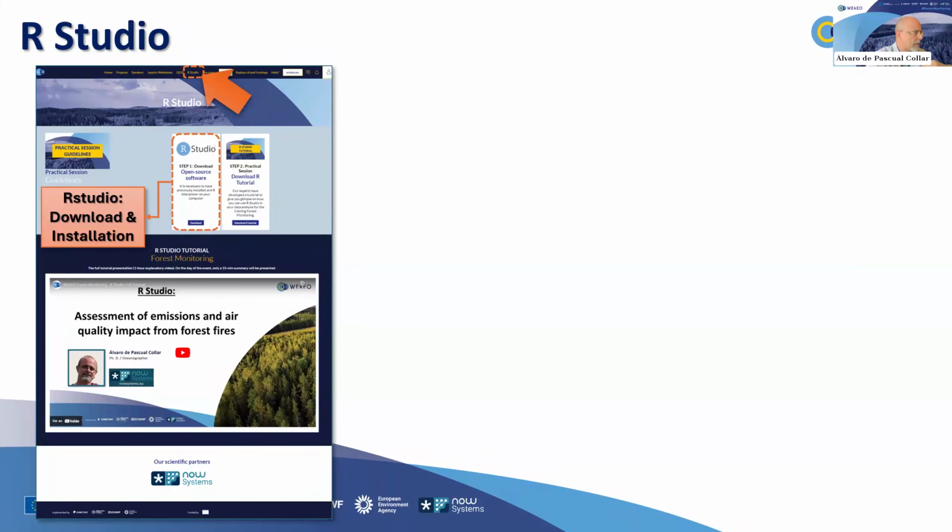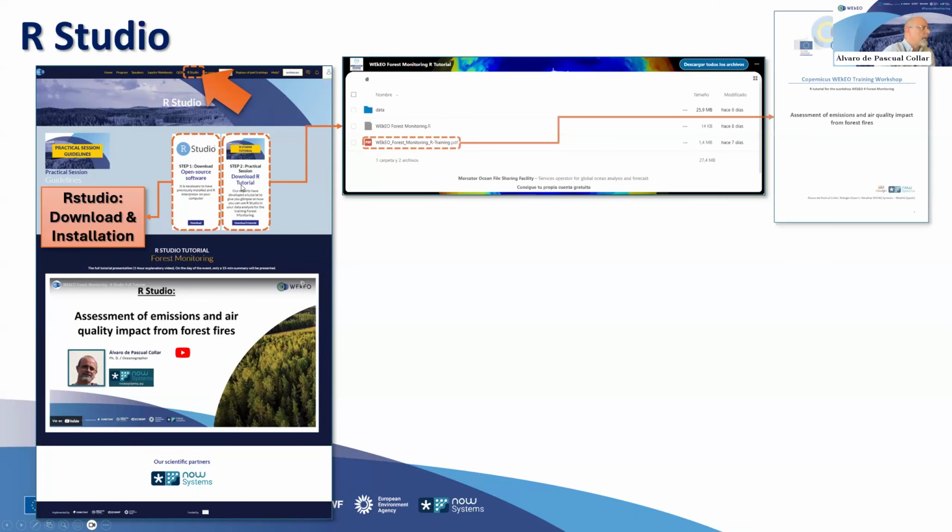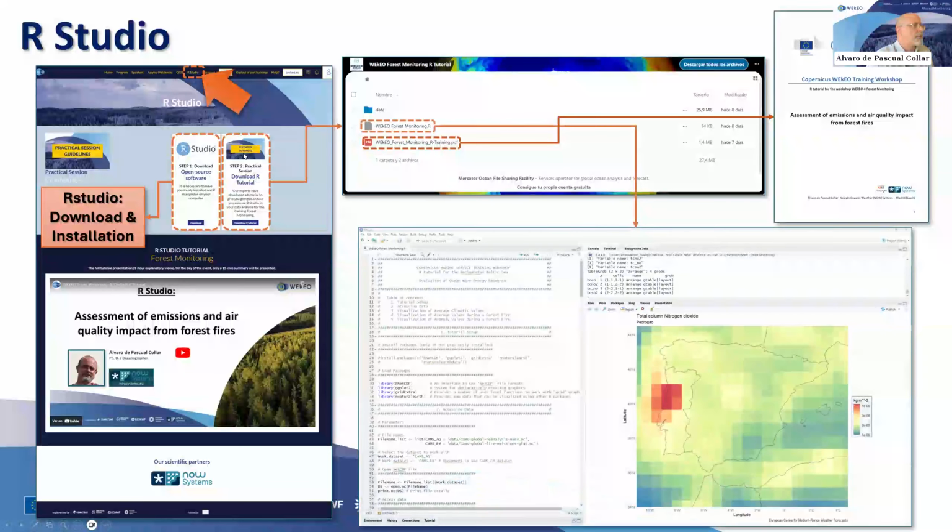We run the tutorial in this video and we explain every code line. And also in this page, you have access to the tutorial. Since this tutorial has to be installed in your computer, you can download it.